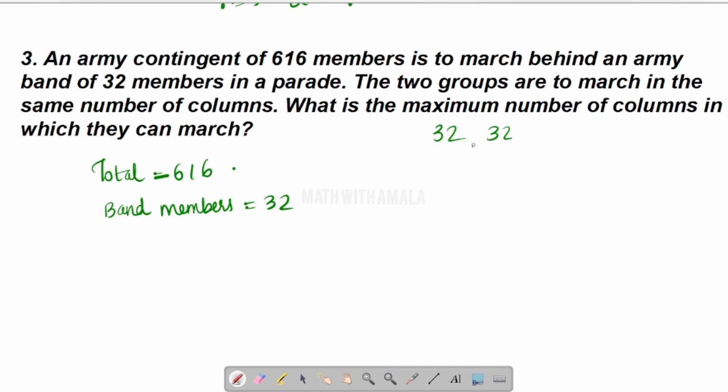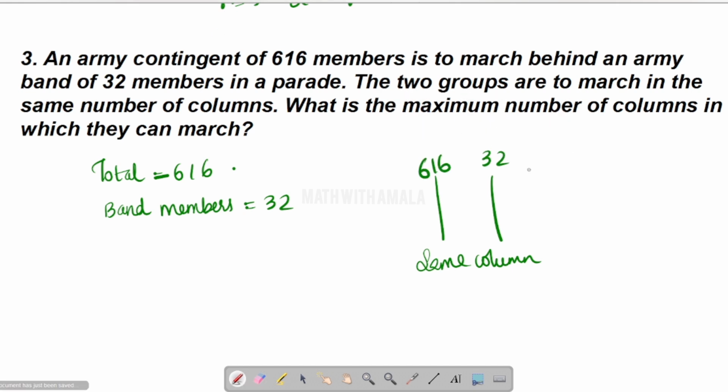Here we have to find the same number of columns in which the band and the contingent will be marching. So we have 616 members in the contingent and 32 members in the army band. We have to arrange these numbers in columns, where we need the maximum number of columns in which they can march.